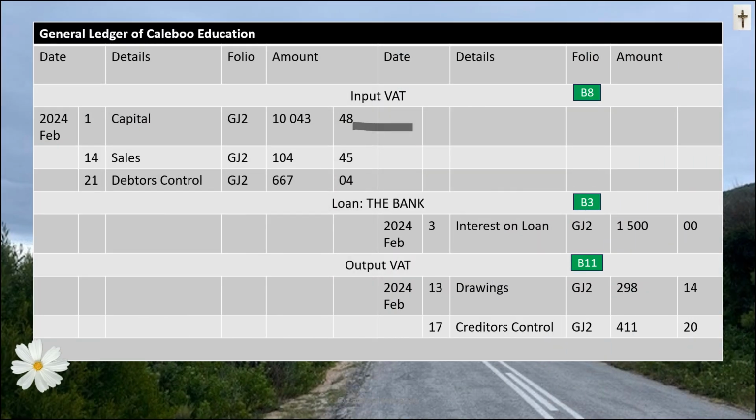Input VAT, we did the loan, we did output VAT. So I'm putting the whole ledger together here instead of just after each individual transaction.